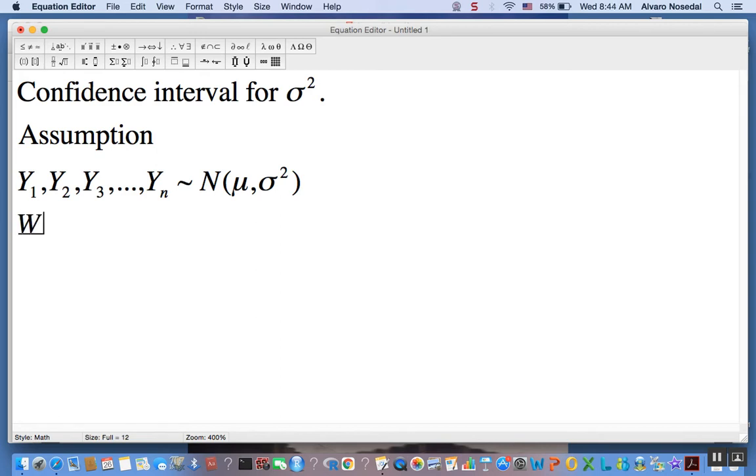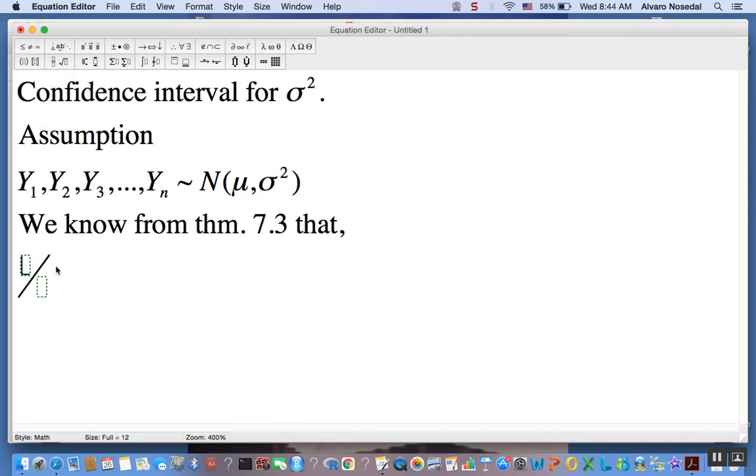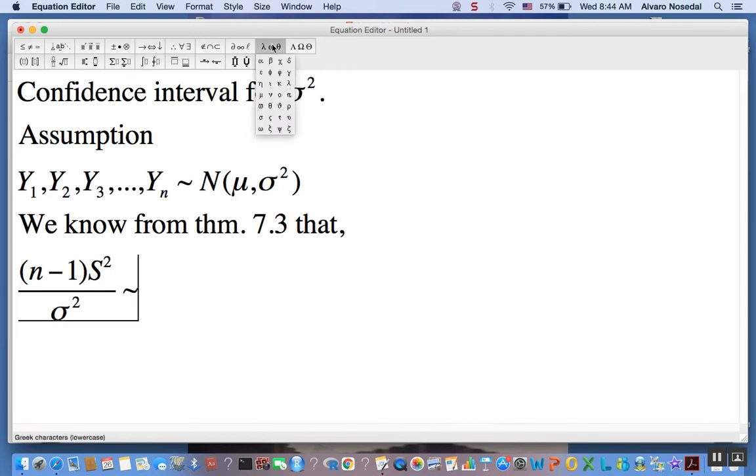So we know from theorem 7.3 that given that assumption that we have these guys and they are independent and identically distributed, the following quantity, n minus 1 times s squared, where s squared represents the sample variance, divided by sigma squared, that quantity, that statistic, has a chi-square distribution with n minus 1 degrees of freedom.